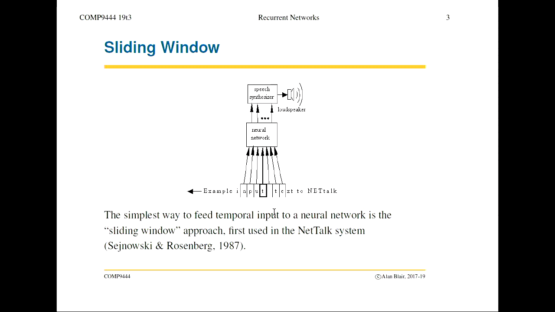So if for some reason the output for this character happened to depend on something that was more than 3 time steps in the past, the network would have no opportunity to take advantage of that information. It would just have to make a probabilistic guess based on the information that it currently has.